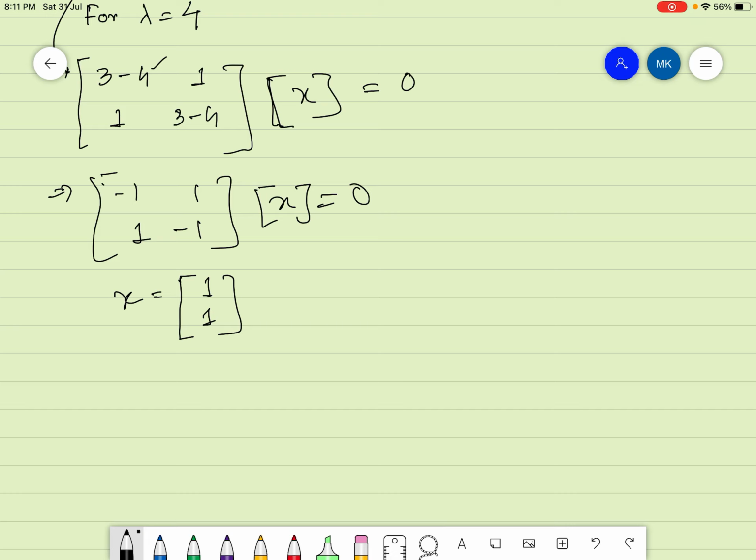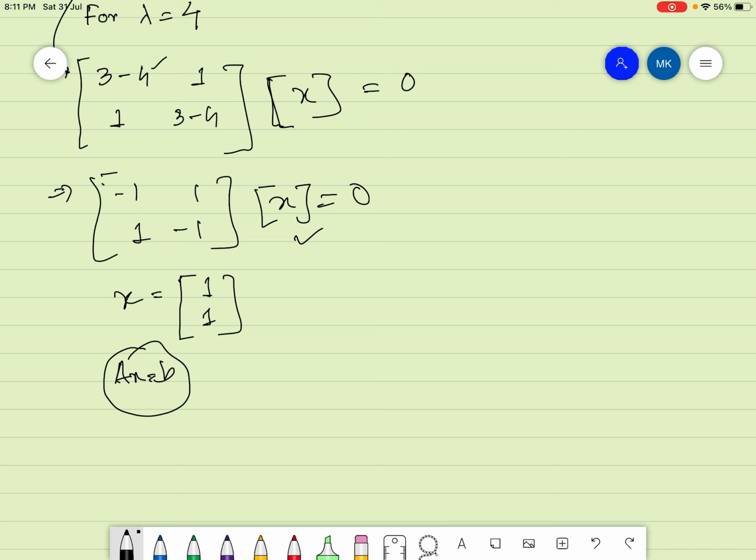You already know how to solve this, you can use elimination or any other method. I think we have learned two methods so far to solve Ax equals b, so you can apply any of them.